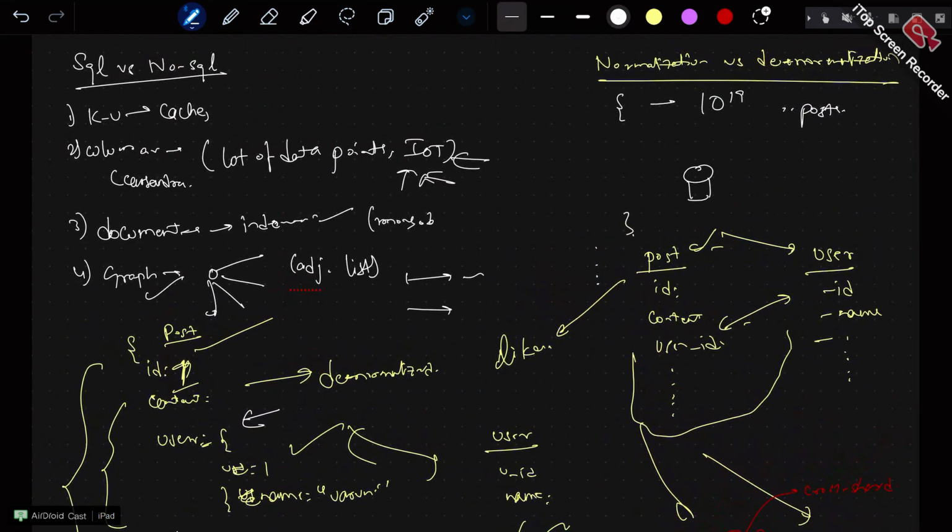For example, posts of users 1 to 10 to the power 5 are in this node, and the post data of 10 to the power 5 to 10 to the power 10 is in this node. You are going to shard the post data, and the post has users data also. So you have sharded the entire data of a post instead of segregating the tables. The reason being, otherwise you might have to do a cross shard join, which we cannot afford.